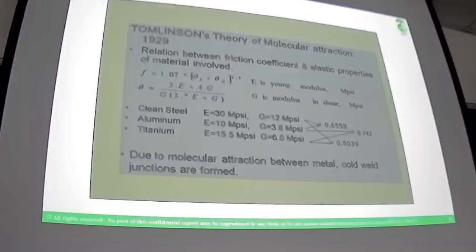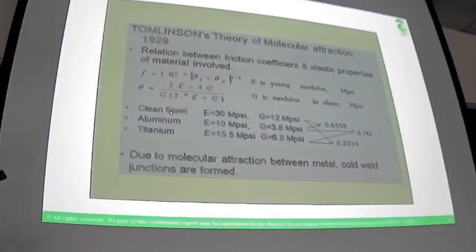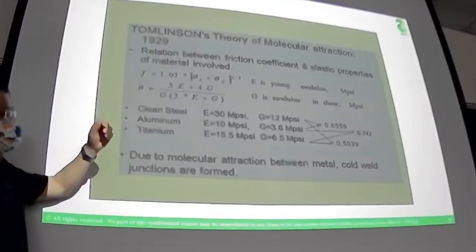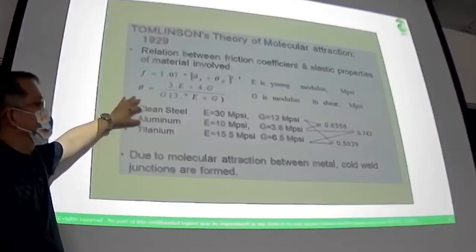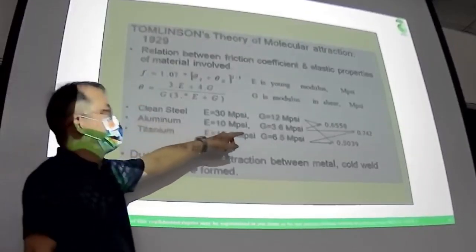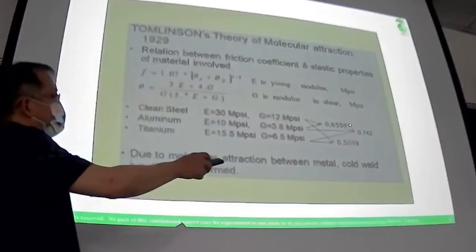So we have some examples. Here we have clean steel, aluminum, and titanium. You have both the Young's modulus and shear Young's modulus. If we are calculating the friction between the steel and aluminum, you will get the coefficient of friction. In this case, there's a calculation.